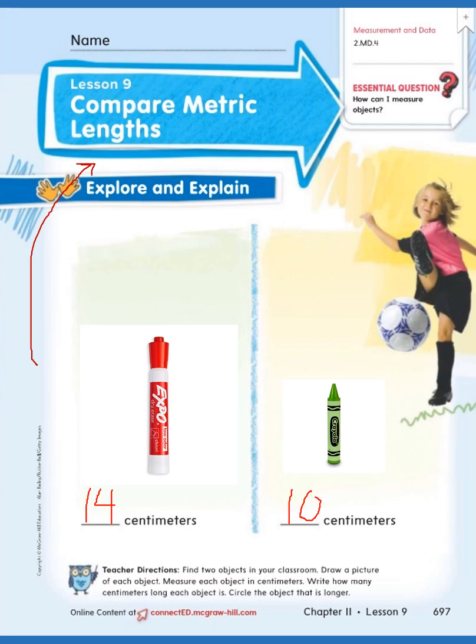So, which one is longer? The marker, right? That's the bigger number. So I'm going to circle that. So we can say the marker is longer than the crayon. In today's lesson, we're going to do an extra step and talk about how much longer an object is or how much shorter, just like we did last week with inches. Okay, let's go on.